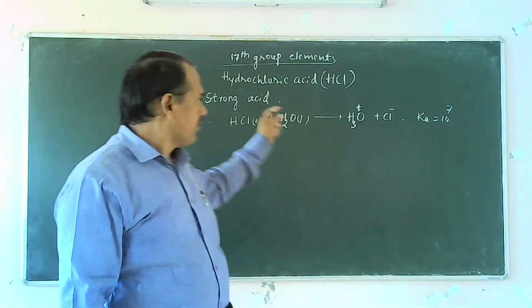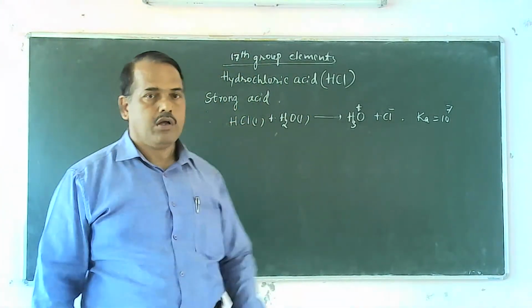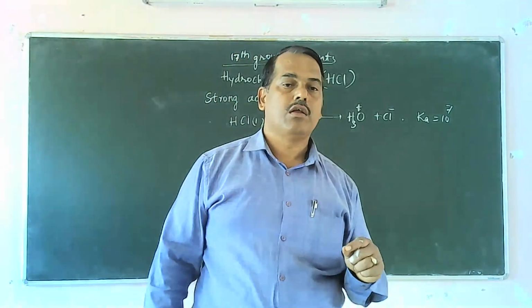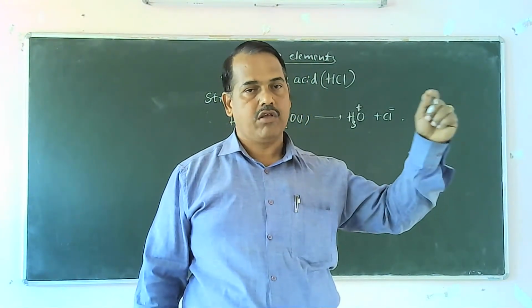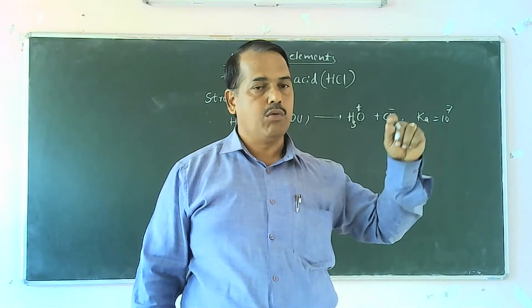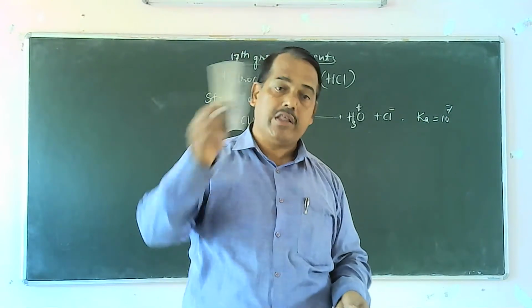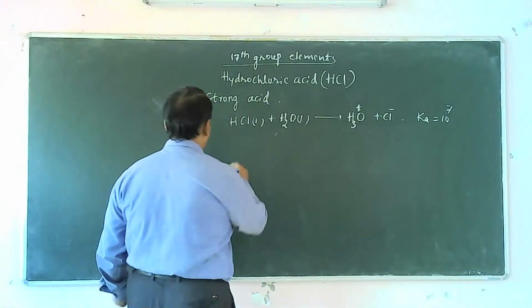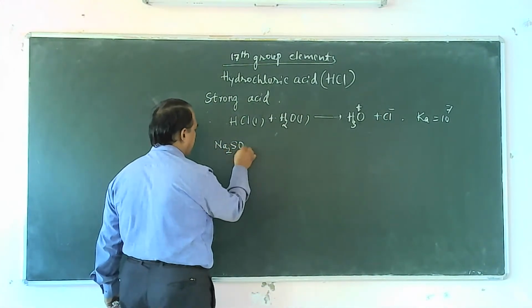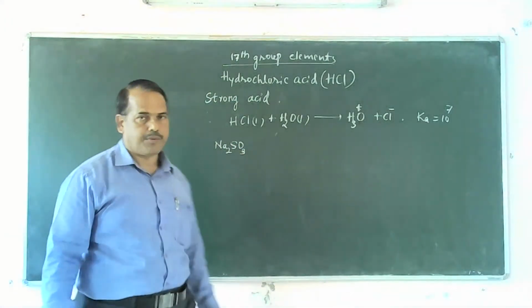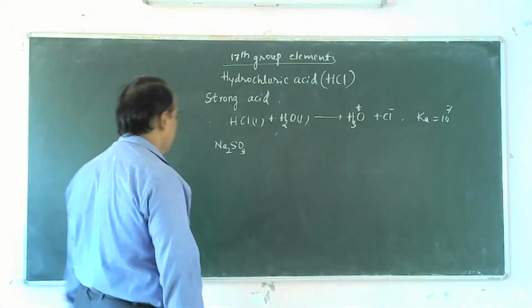Okay, we shall continue with its chemical reactions. It can easily liberate carbon dioxide gas from carbonates, and even sulfur dioxide gas, from their weak salts. Take for example sodium sulfite, Na2SO3.